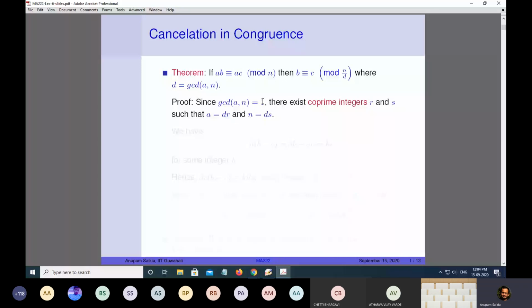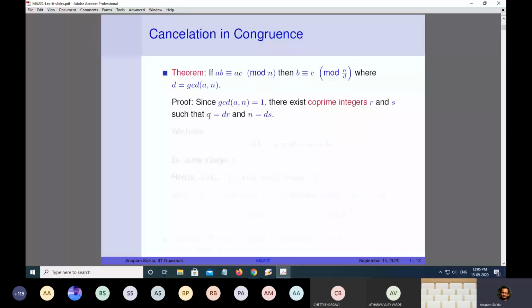So once I take out the GCD, whatever remains, a by d is r and n by d is s. And we showed before that once we factor out the GCD, the two integers are co-prime. That actually is obvious also from unique factorization of integers into products of primes.